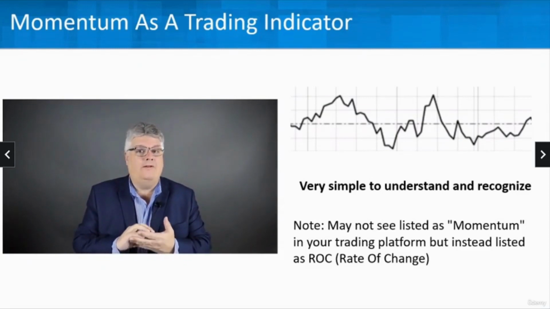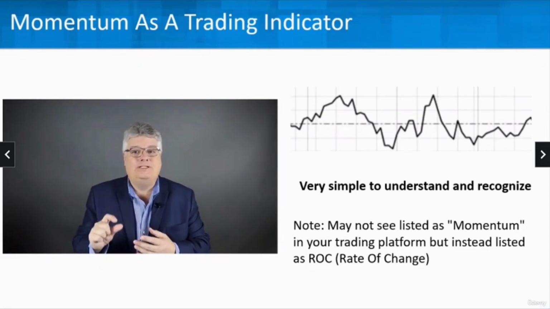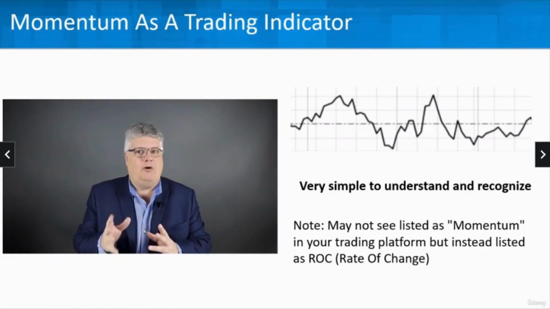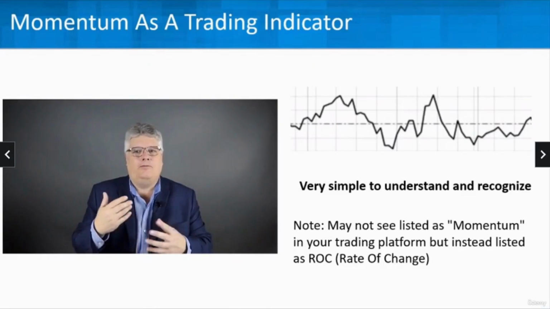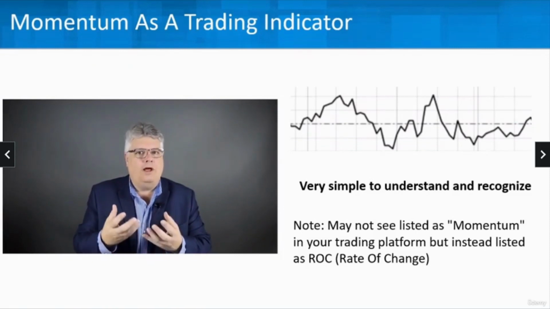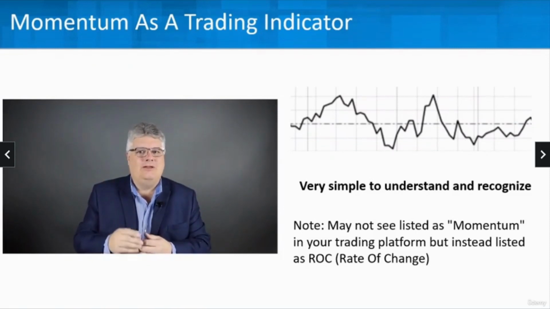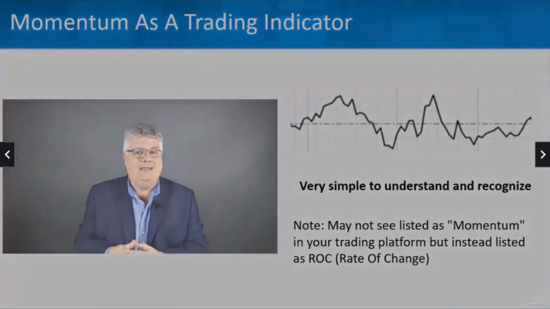They might call it rate of change, or the abbreviation ROC. So if you see ROC, that's momentum. That's the classic momentum indicator. And we're going to learn later about RSI, Relative Strength Index, and Stochastic Oscillator, and other types of momentum indicators, but this is the core basic one that everything builds from. So let's learn about that and use it as a trading indicator.